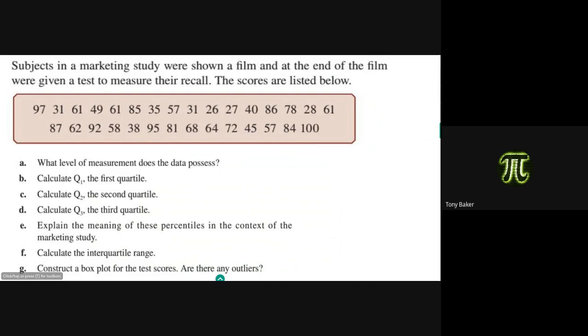Q1. Q1's not 8. I think it's the 8th number. Oh, okay. So what's the 8th number in the list?